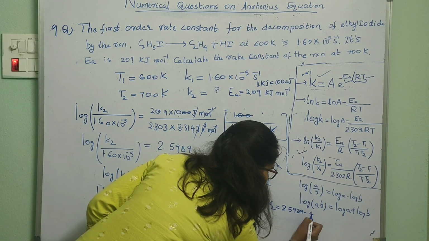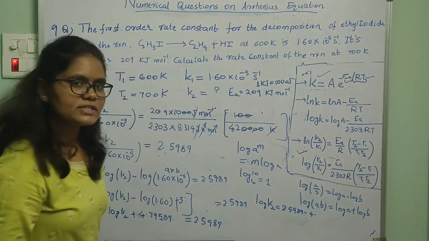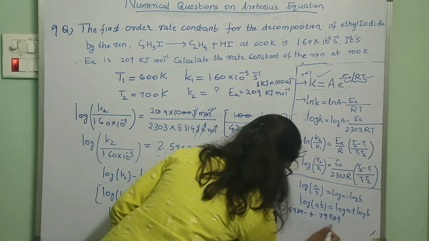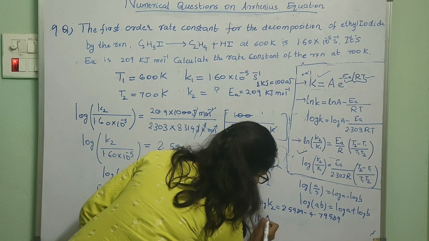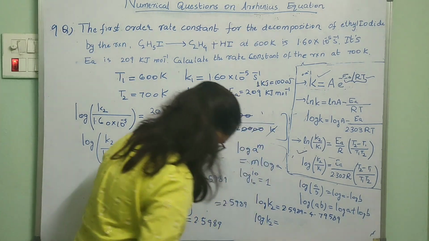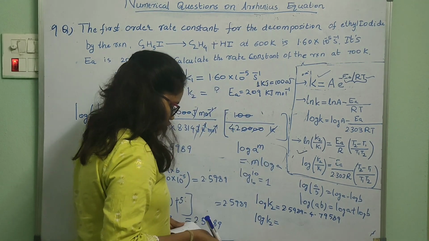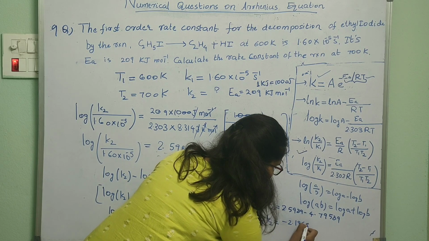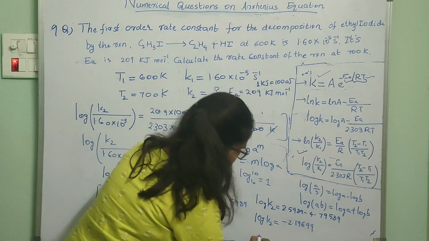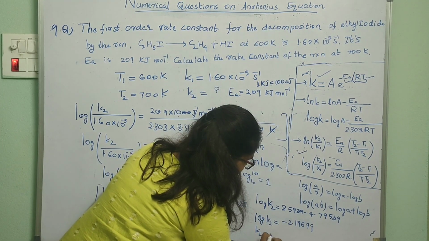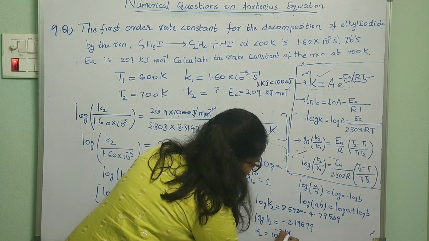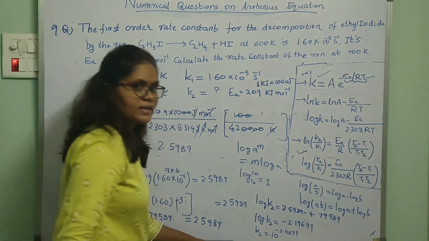So this will be log K2 is equal to minus 2.19699. So this K2 will be 10 power minus 2.19699, right?